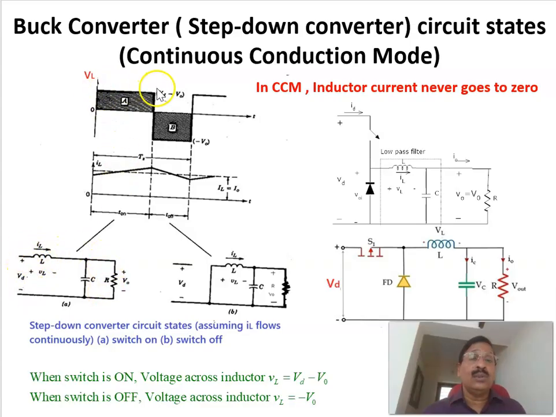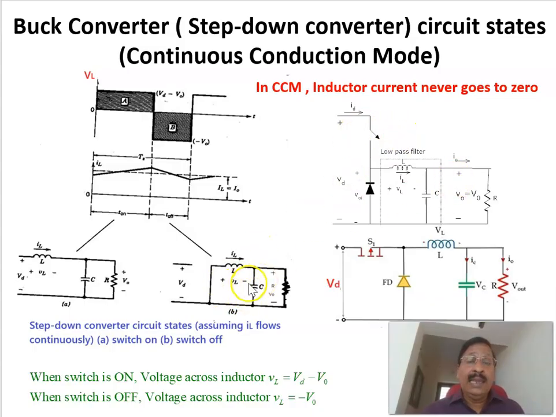That is the voltage across the inductor shown here when the switch is on. When the switch is off, because of the energy stored in the inductor, the current continues flowing in the same direction, and the freewheeling diode gets forward biased. This is the equivalent circuit when the switch is off.